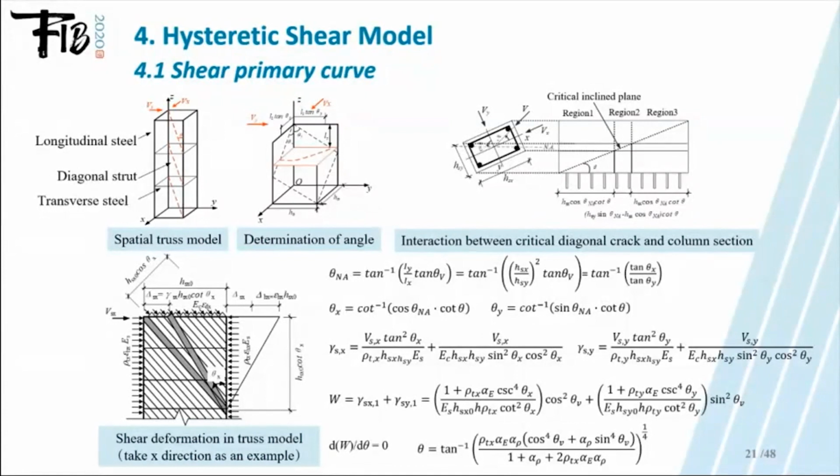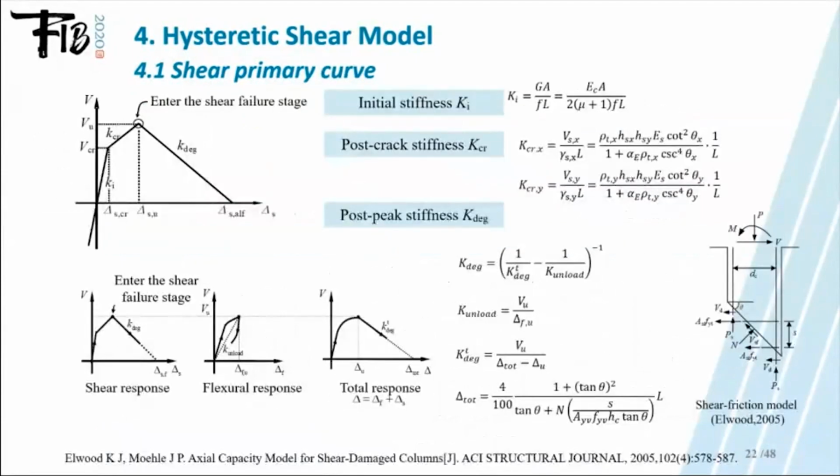Experimental results demonstrated that the orientation of the inclined crack plane across the column section is likely to be parallel to the neutral axis. Therefore, the inclination angle of the concrete strut in the planar truss can be related to the concrete strut inclination angle in the spatial truss and the neutral axis direction.